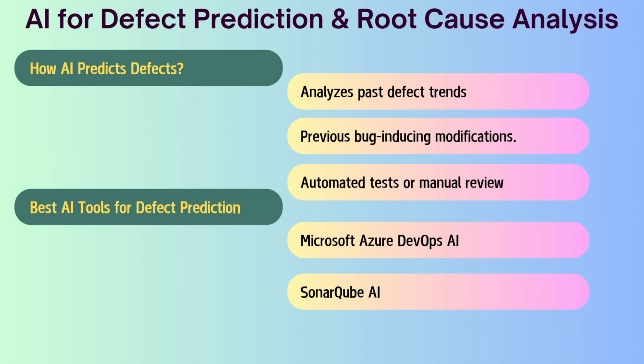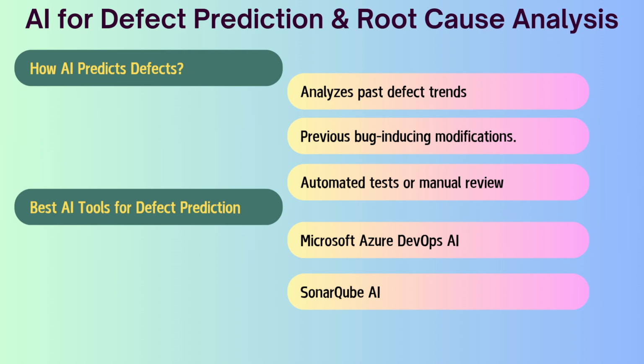So how does AI predict defects? Basically, it can analyze past defect trends and find recurring patterns. Also, it can flag code changes that resemble previous bug-inducing modifications. It can also suggest automated tests or manual review before the issue escalates.